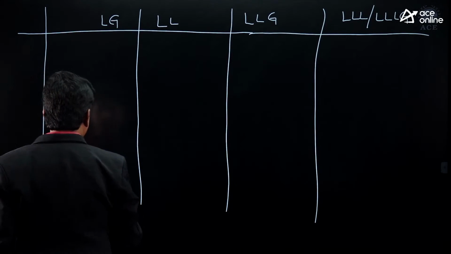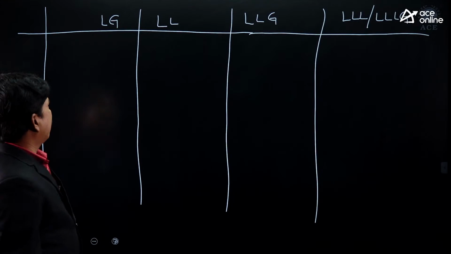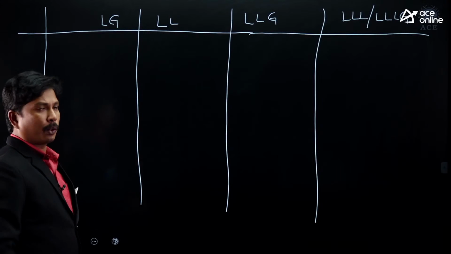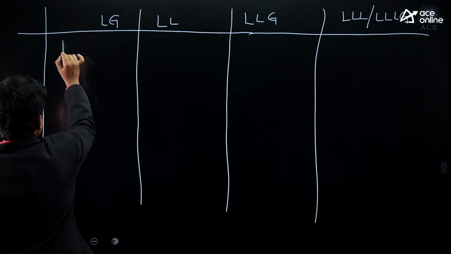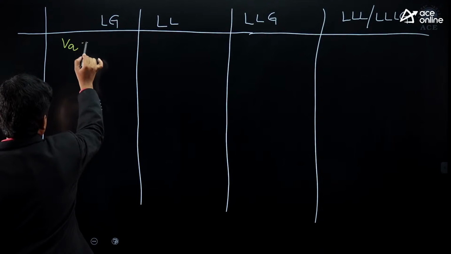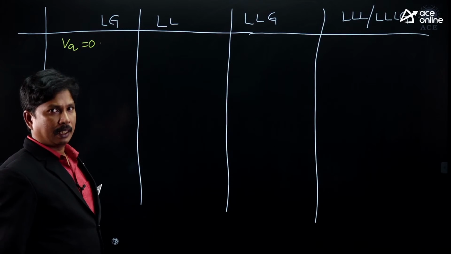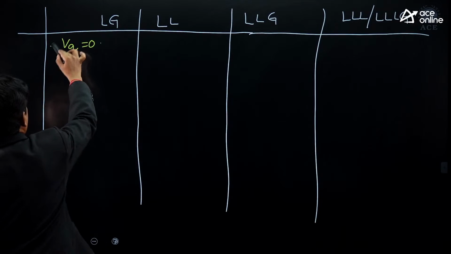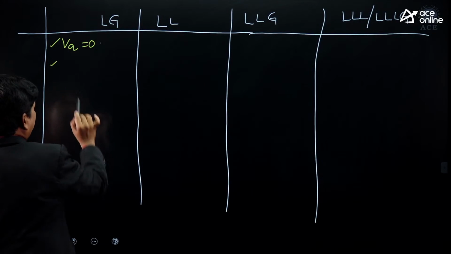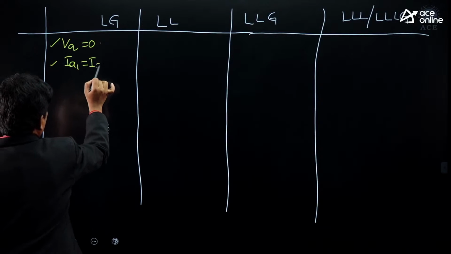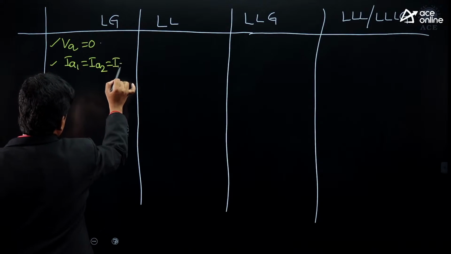Whenever you are calculating the conditions, in case of LG fault, one phase will be grounded. So in case of this, if VA is equivalent to 0, the remaining phase quantities are safe, right? And coming to the current equations, IA1 is equivalent to IA2 is equivalent to IA naught.